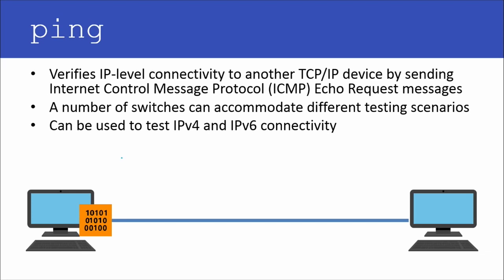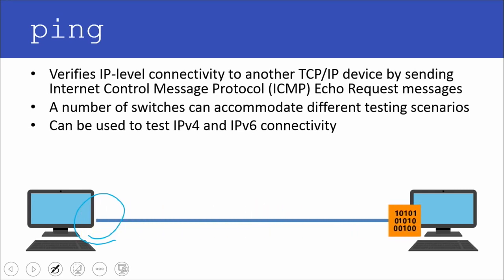So pretend that this little message right there, the little bit of data, is an ICMP echo request. What's going to happen is that the other computer is going to send it back, and you're going to see that that connectivity exists between those two devices. Okay.